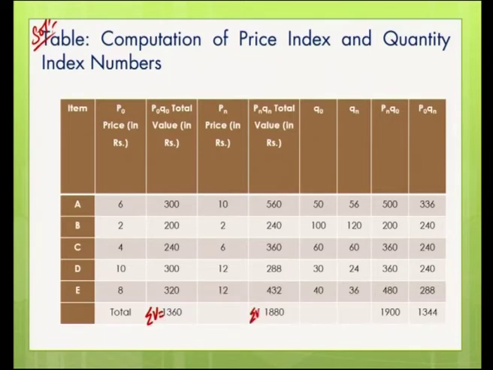Otherwise, this is also summation V and this is actually summation P naught Q naught and this is summation Pn Qn 1880. Okay, and then Q naught, how this 50 is calculated?